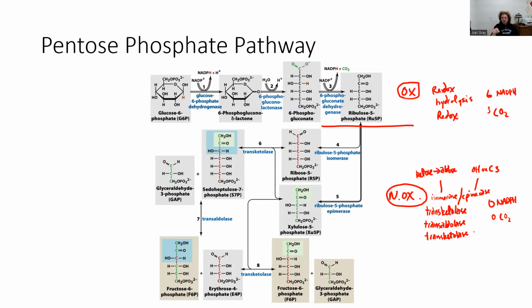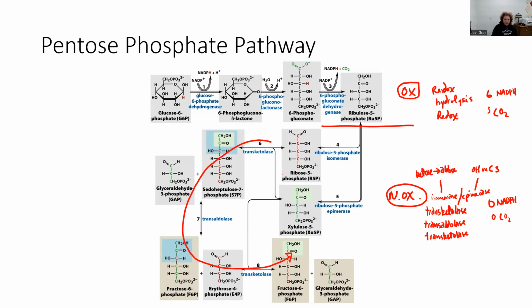Sure, each of the steps of the non-oxidative phase are reversible steps. But it's important to think that although this reaction can go forward and it can go in reverse, you kind of have to pick a direction in which you want to go. And so for me, it's most helpful to think about going in a counterclockwise fashion.